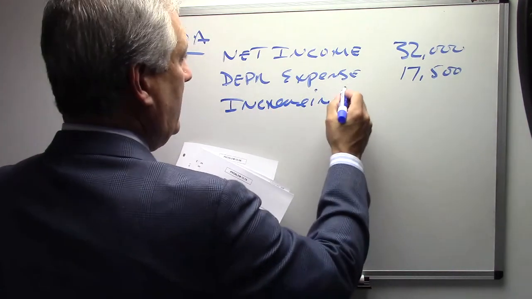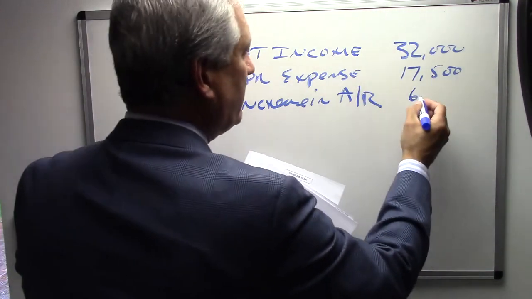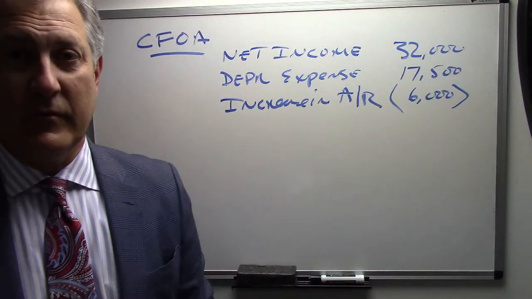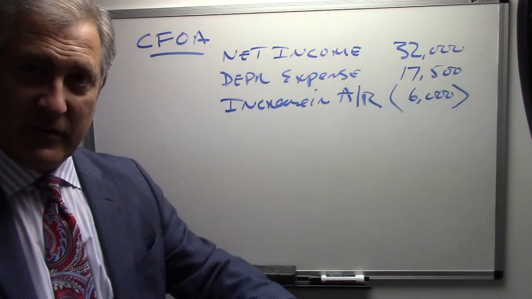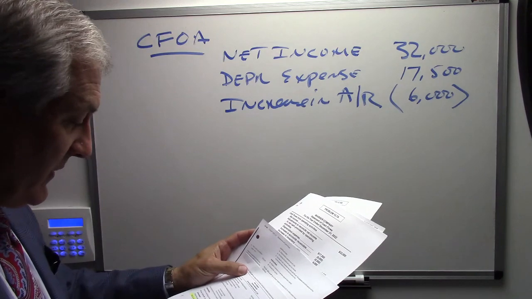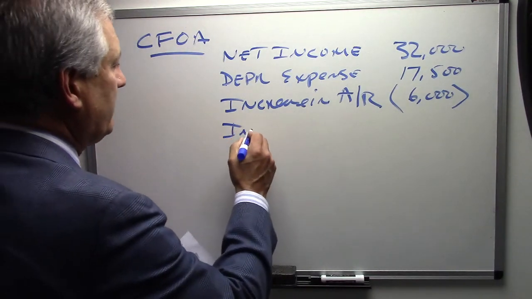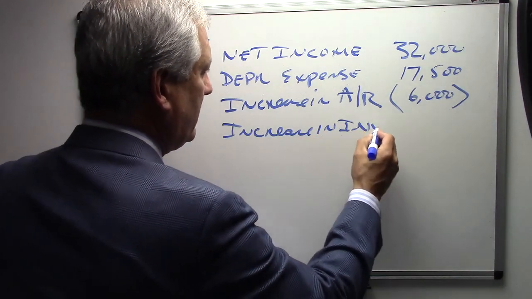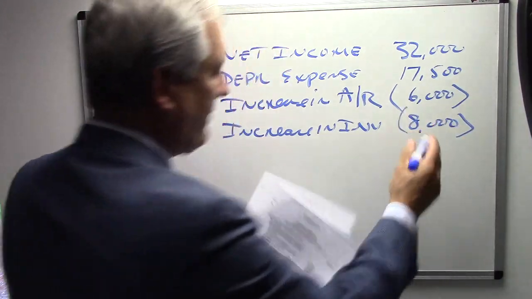in accounts receivable. And because there's an increase, we are going to subtract it. Remember, an increase in a current asset is a subtraction from net income. Inventory goes from $20,000 to $28,000, so there's an increase in inventory of $8,000, and we're going to subtract it.